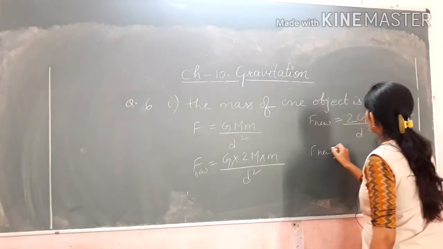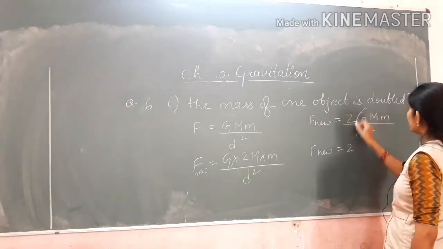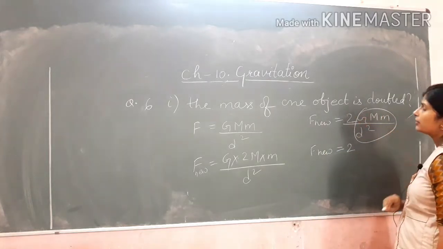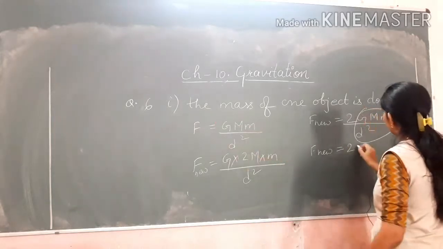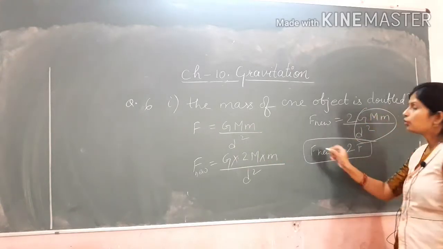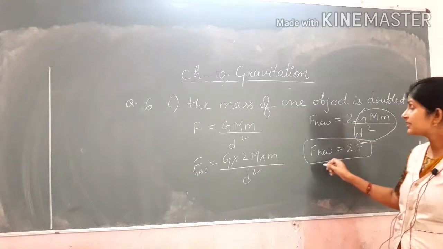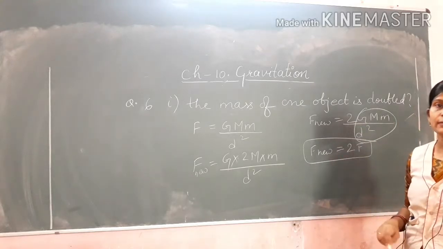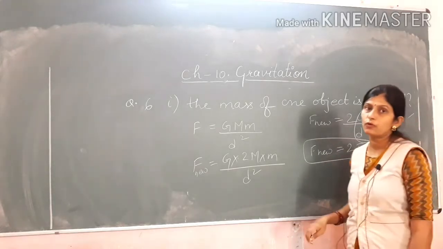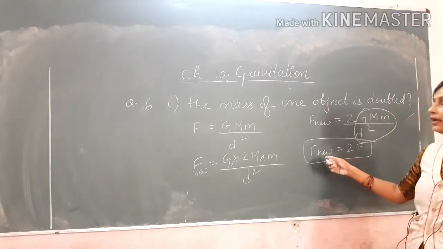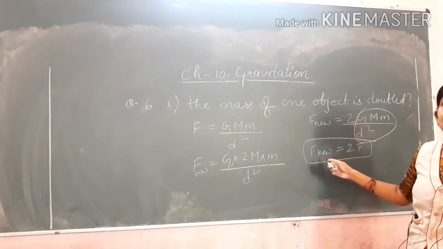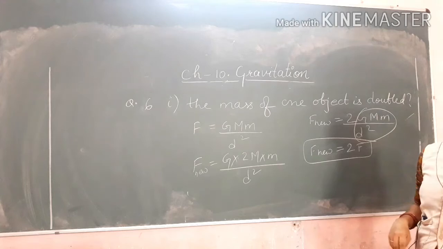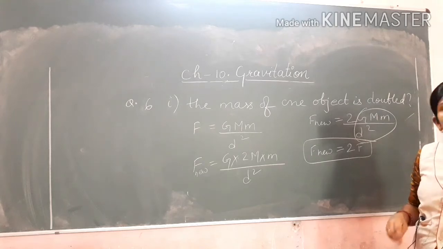F new is equal to 2. In place of G M into m upon d square, we can write F. So the new gravitational force is 2 times the old gravitational force. It means the force also gets doubled as the mass of the object is doubled.